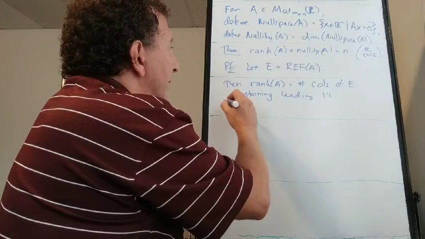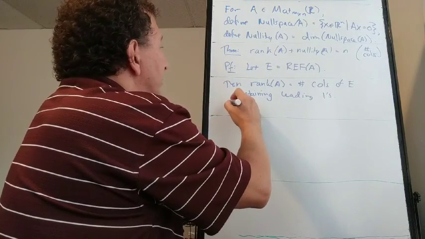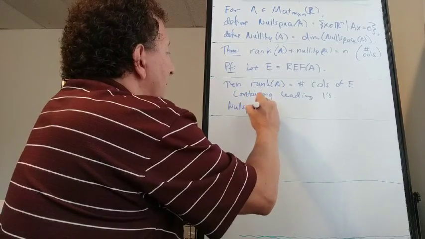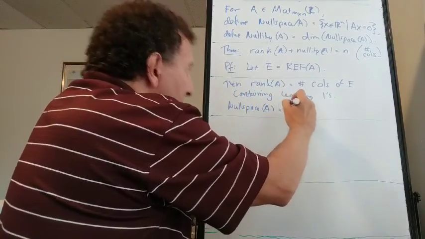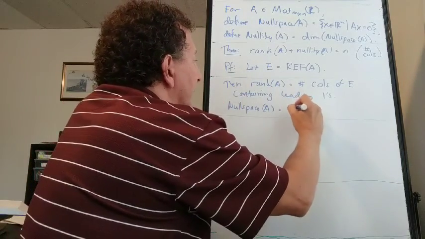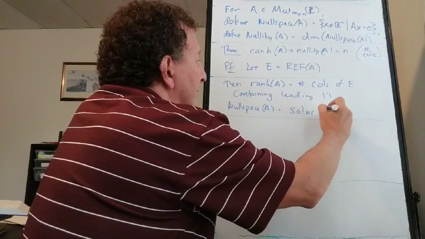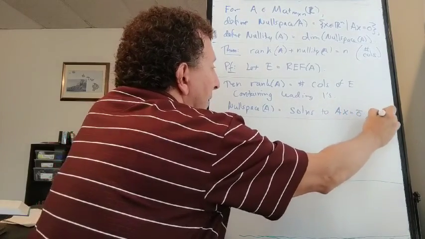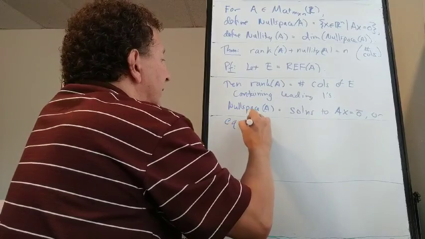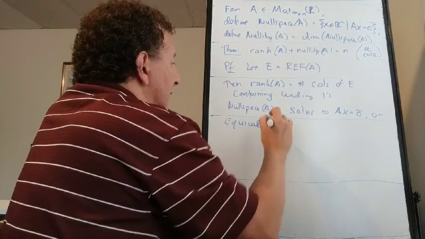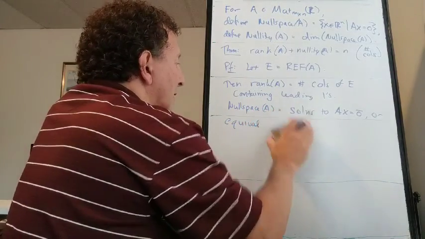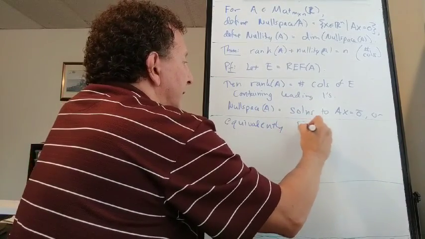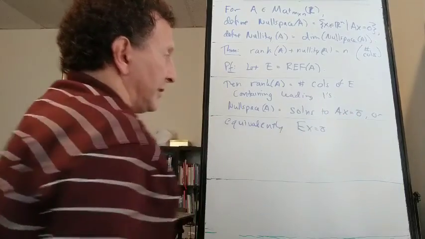And the null space of A is the solutions to AX equals 0, or equivalently EX equals 0, because they have the same solutions.